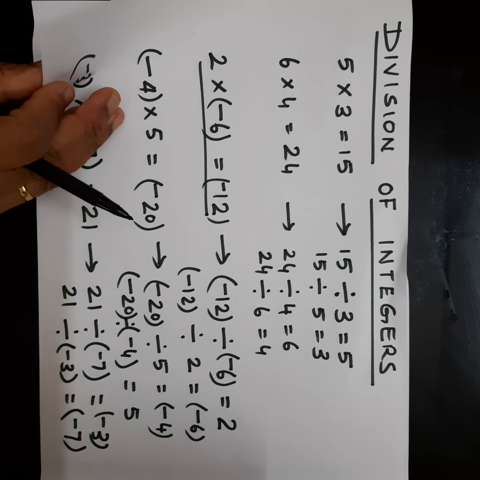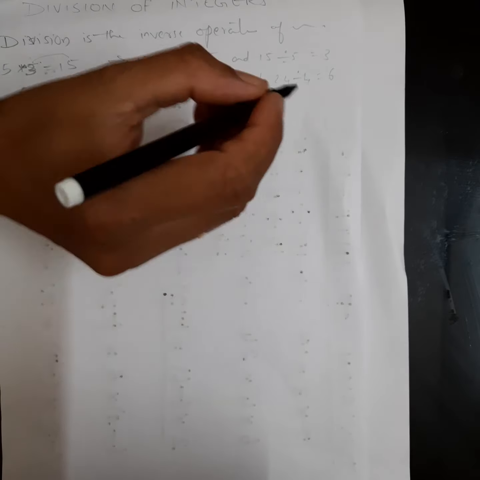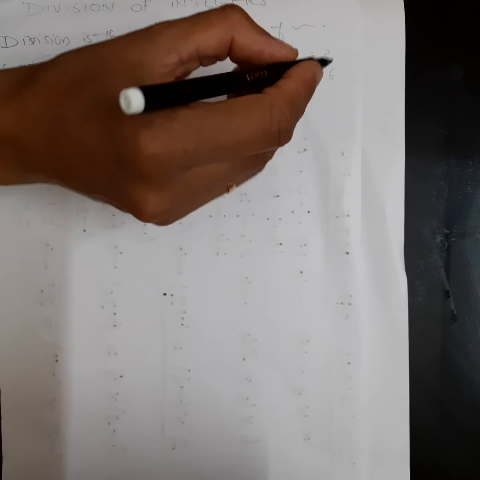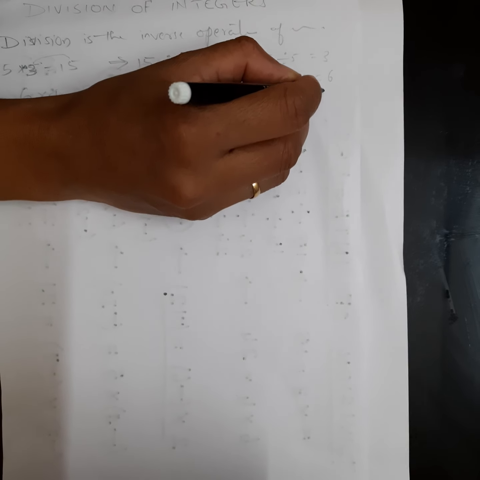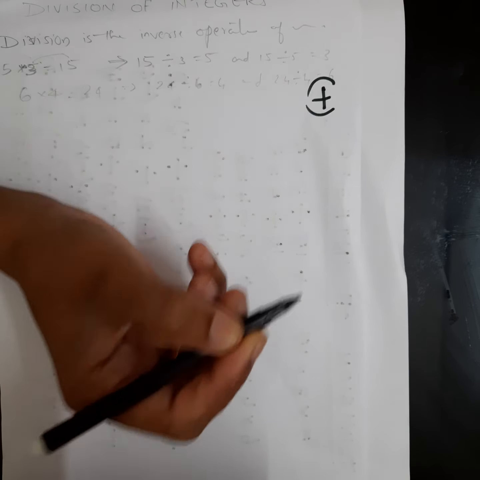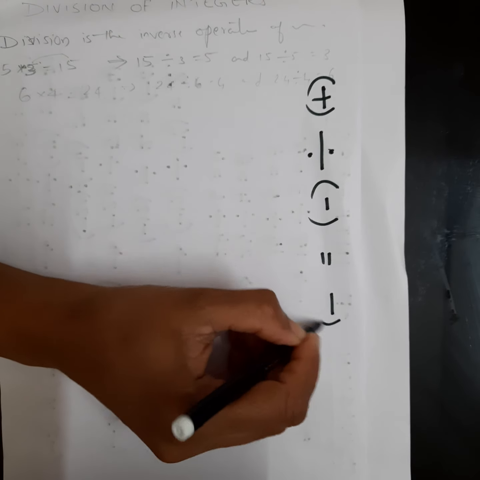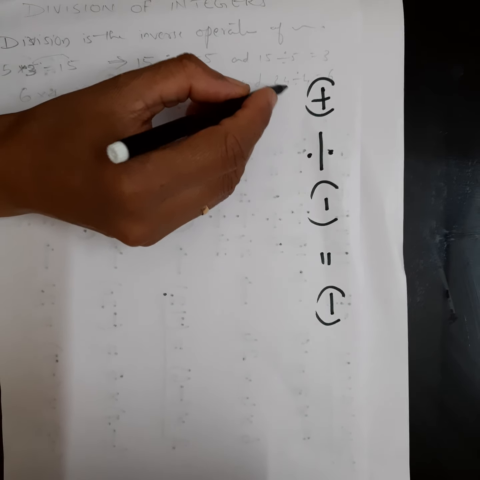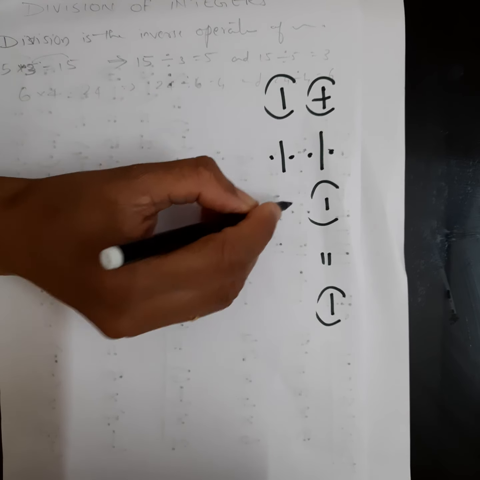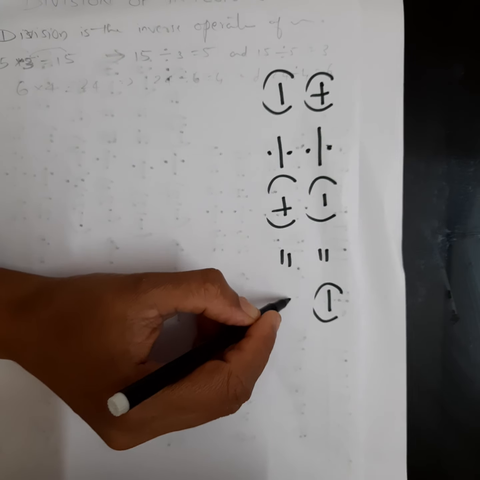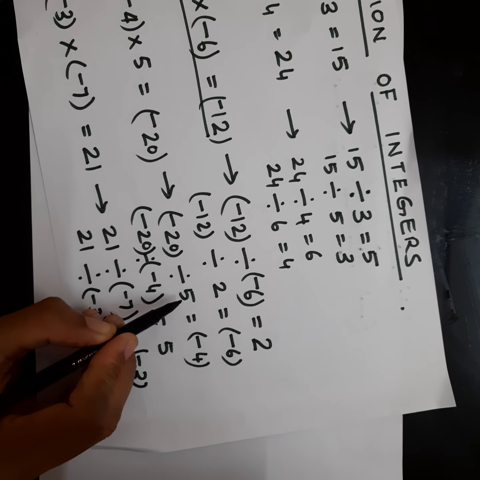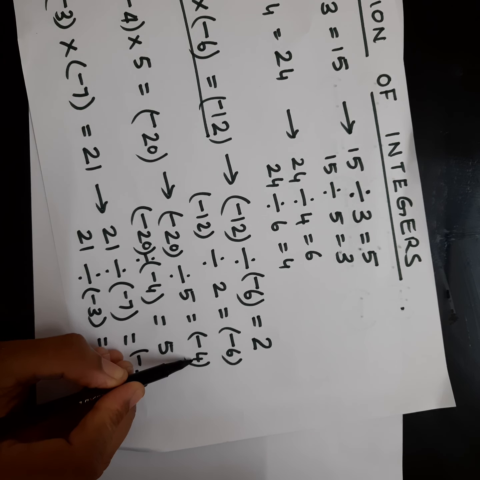It is the same rule as the multiplication rule. You can see the example: dividing a negative number with a positive number, the quotient is negative.